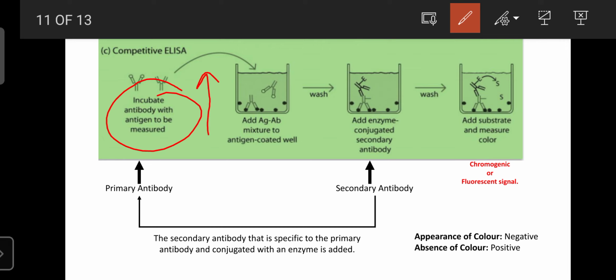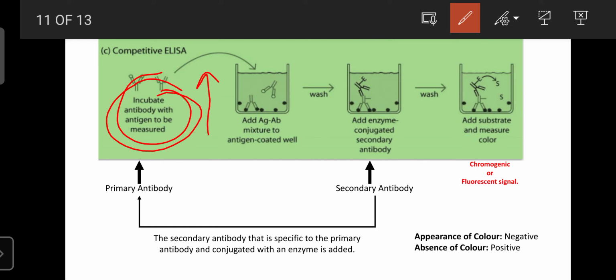Then this solution is poured into the well, on a plate coated with agar gel, where we make the well. We pour this solution, this complex if it happens. If not, you can still pour.